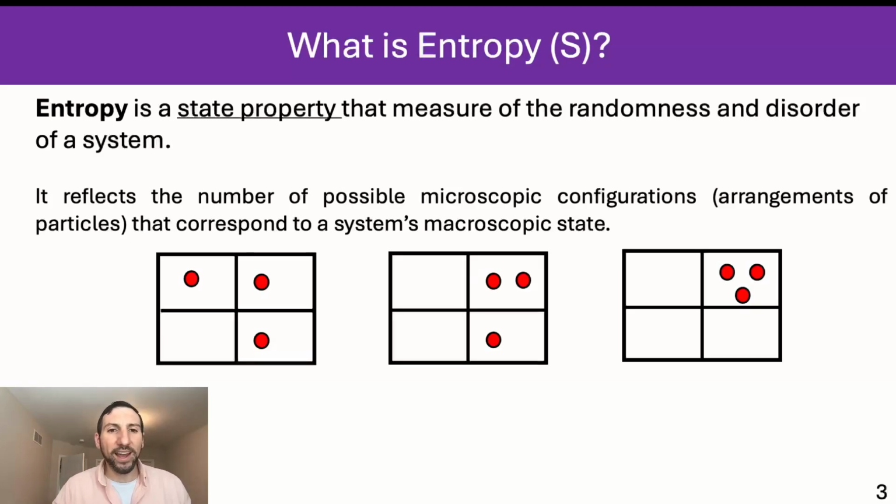So for example, if I have a box with 4 different sections in it, I've got 3 molecules or atoms in there, there's a collection of different configurations where my molecules can be in either different boxes, or I can have a different combination of molecules or atoms in different boxes. So entropy is reflecting those number of possible microscopic configurations. And that's a very specific definition of entropy and a very theoretical one.